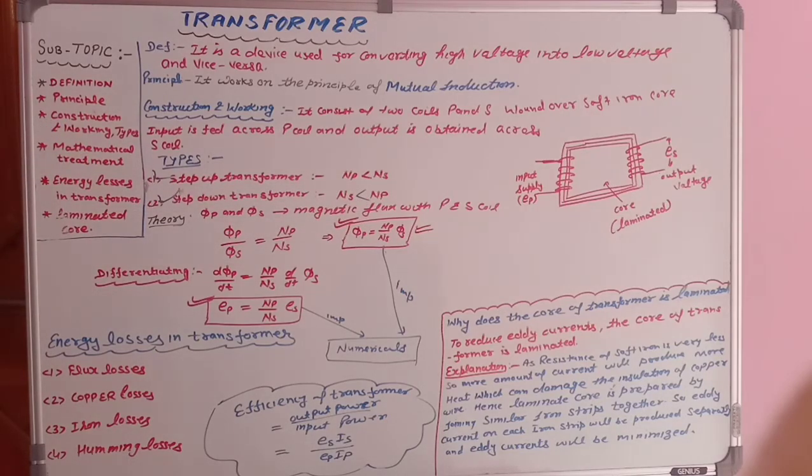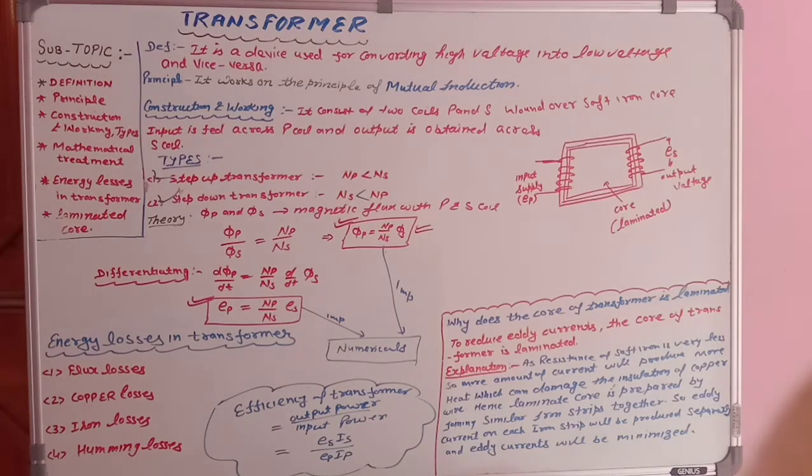And students, this is a very, very important formula for numericals. Sometimes they give you the magnetic flux of the primary coil, the magnetic flux of the secondary coil, the number of turns of the primary coil, and they ask you to calculate the number of turns in the secondary coil. Or they can ask anything else also. It depends upon the numerical.